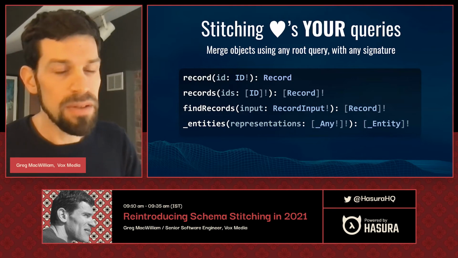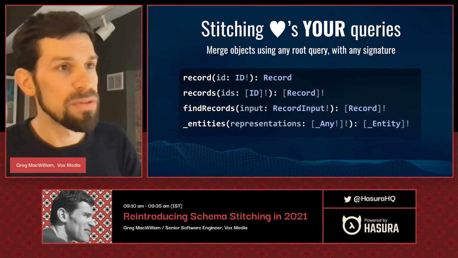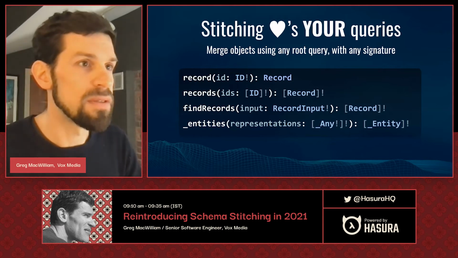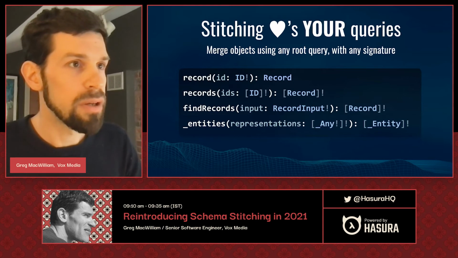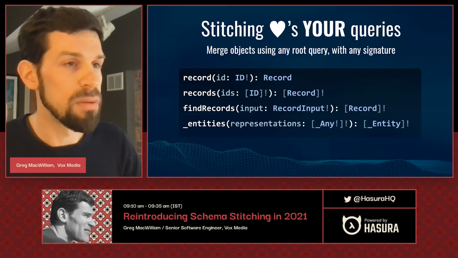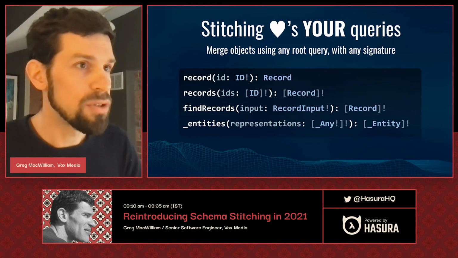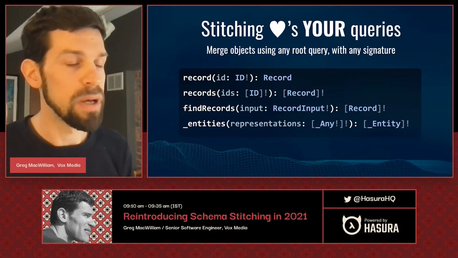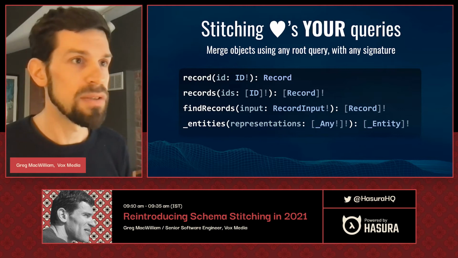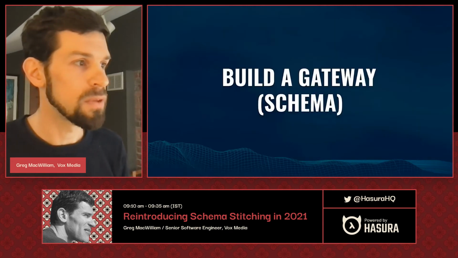And even entities, representations. Those familiar with Federation have seen this. This is the Federation protocol. Stitching is just a very generic consumer of types through some protocol. And even just talking to the entities endpoint is valid and possible to stitch types together.